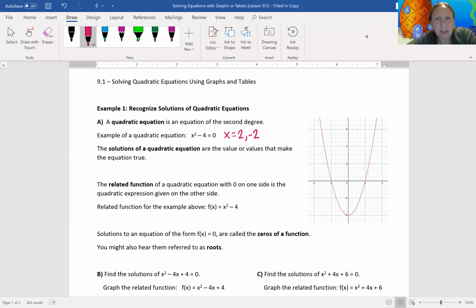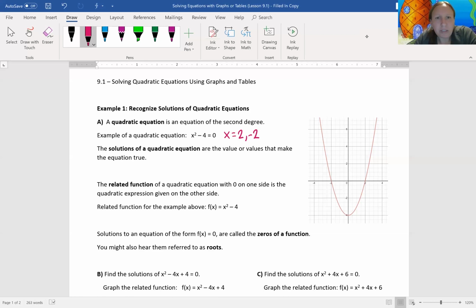And we can see here that since x squared minus 4 equals 0, we do indeed have that 0 on one side. Going forward, if that 0 isn't on one side, mathematically, we can do things to make that become 0. So if it's not 0, it's not the end of the world.